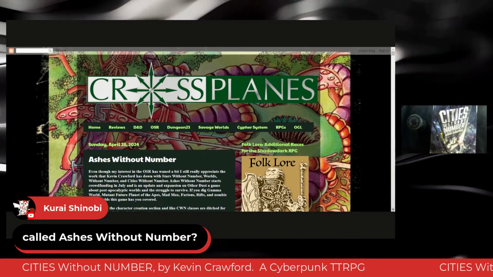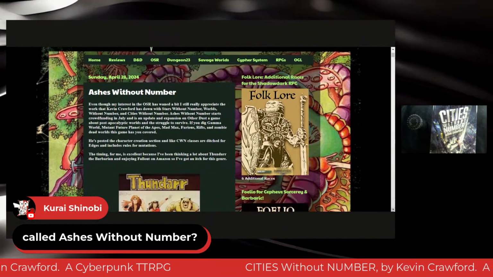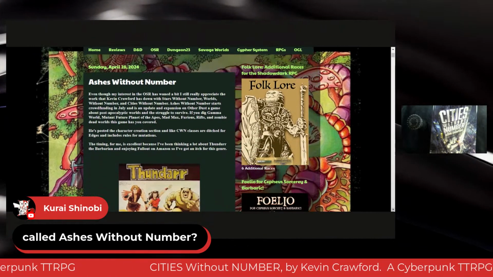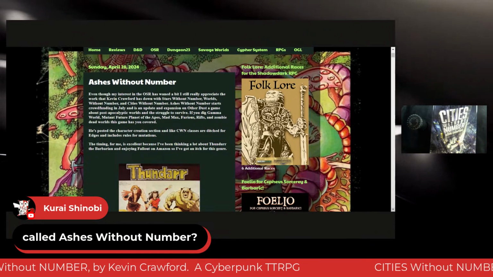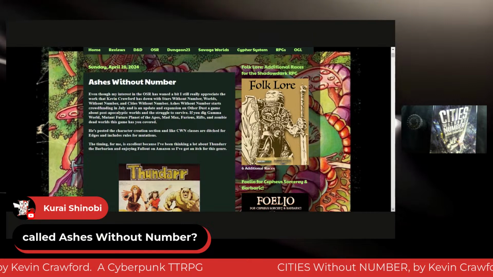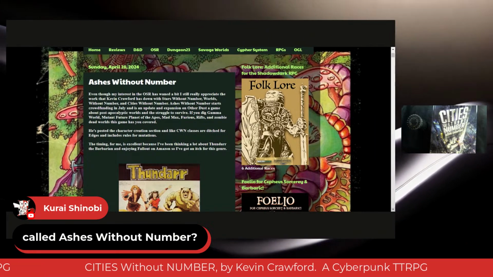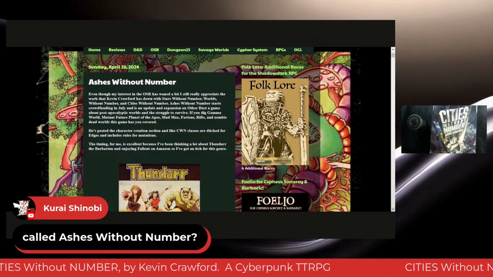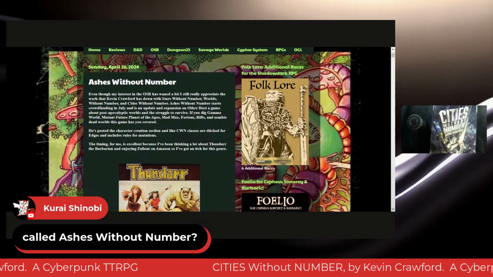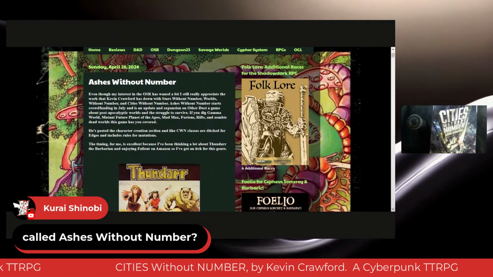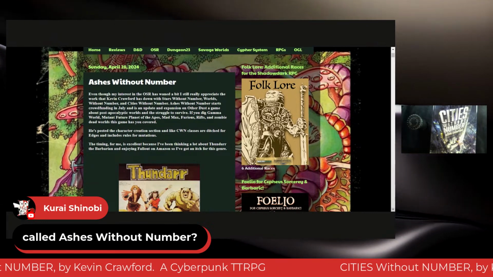This is crossplanes.com. Even though my current interest in the OSR has waned a bit, I still really appreciate the work that Kevin Crawford has done with Stars Without Number, Worlds Without Number, and Cities Without Number. Ashes Without Number starts crowdfunding in July and is an update and expansion to Other Dust, a game about post-apocalyptic worlds and the struggle to survive.